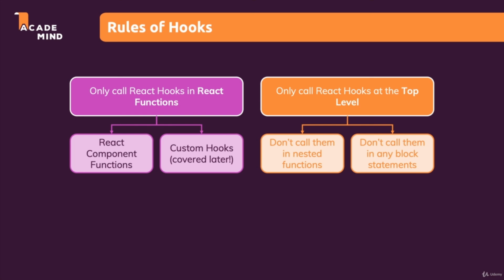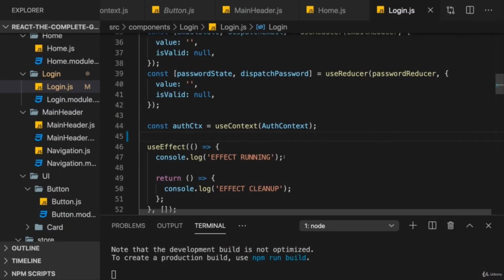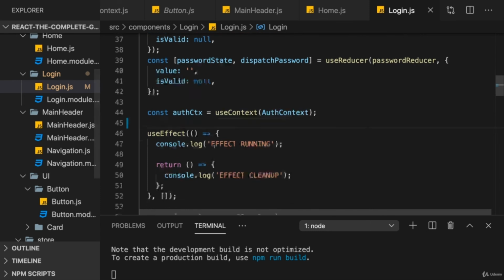There is a third rule which I want to add here, not directly related to all hooks, but to one specific hook. And that's the useEffect hook. There, make sure that you always add everything you refer to inside of useEffect as a dependency, unless there is a good reason not to do that, I should add. And to make it clear what I mean, let's again go to login component.